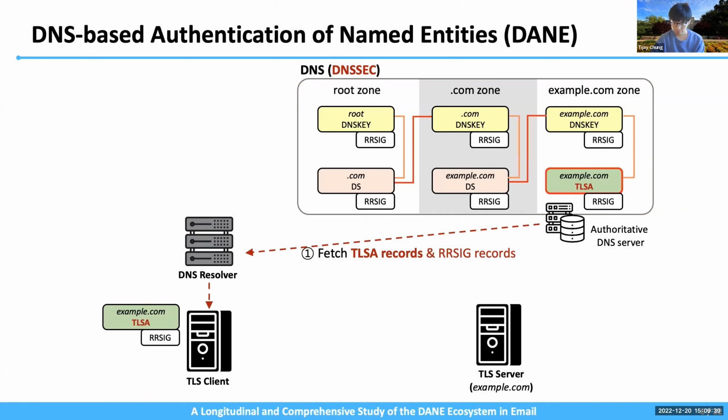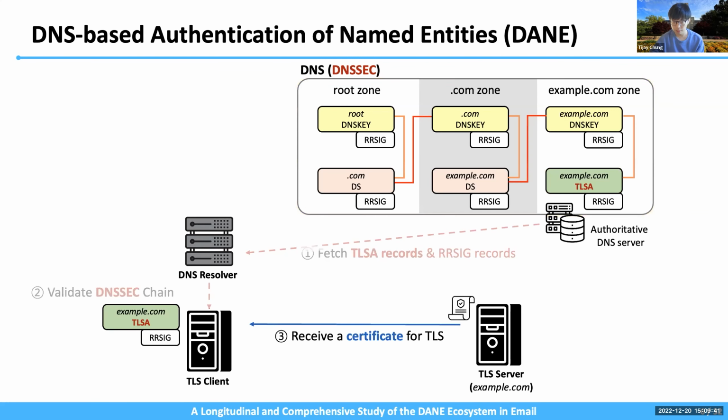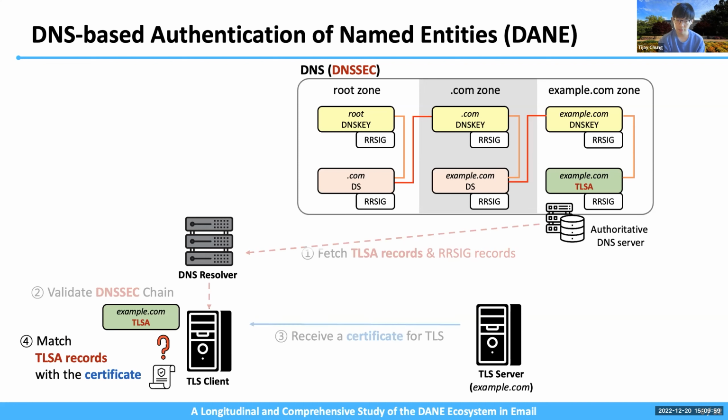After that, the TLS client can fetch the IP address of the domain name and make a connection. It will also participate in a TLS session and get the certificate, and the TLS client can validate the certificate by checking if the public key in that certificate matches the TLSA record, right?